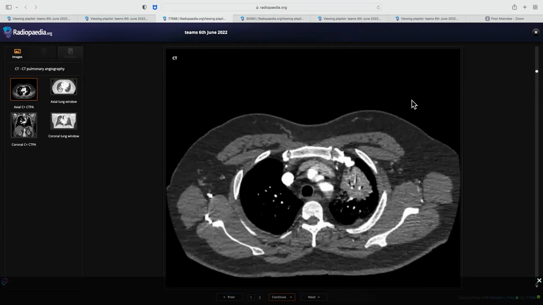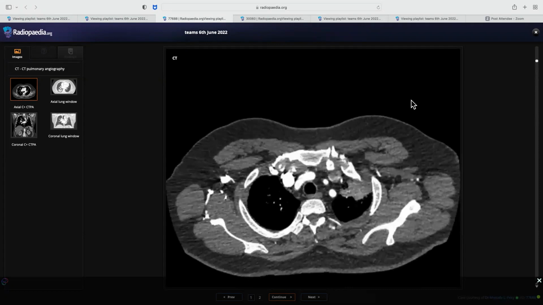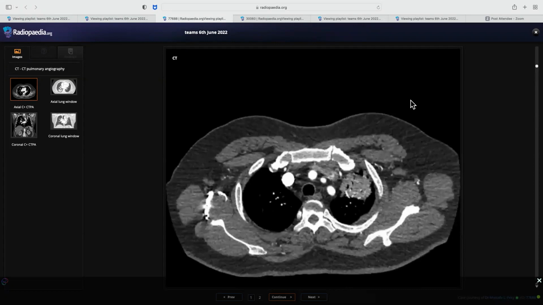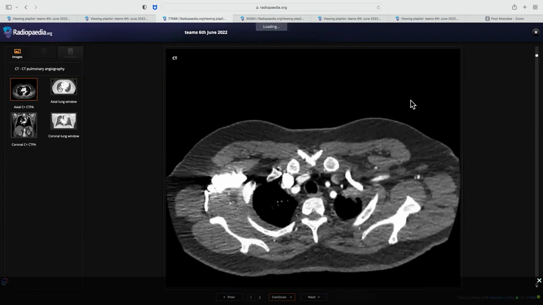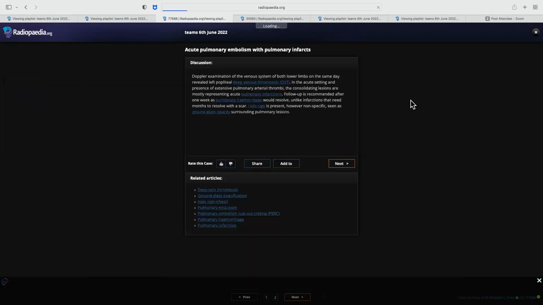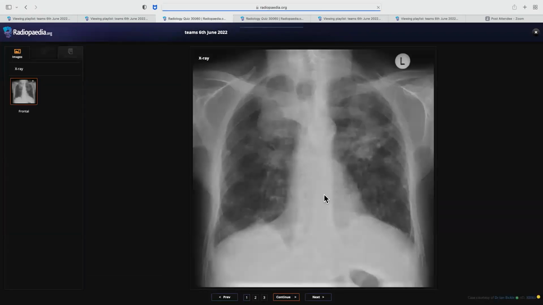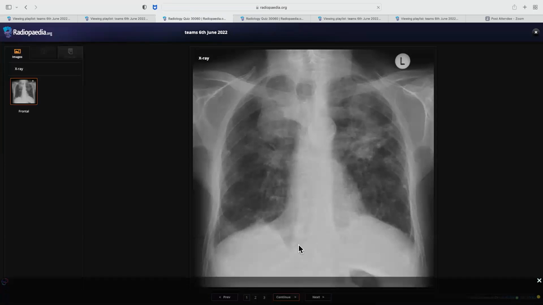Okay, so CT pulmonary angiography, I can just scroll the other way. Sorry. I think I changed the case by mistake. Yeah, you changed the case. Maybe go here. You can go to the previous one. It doesn't go from there. We can go from here.